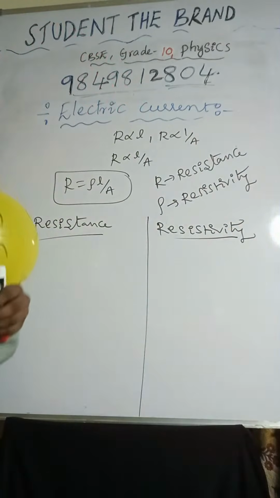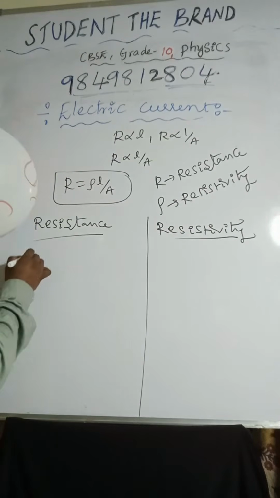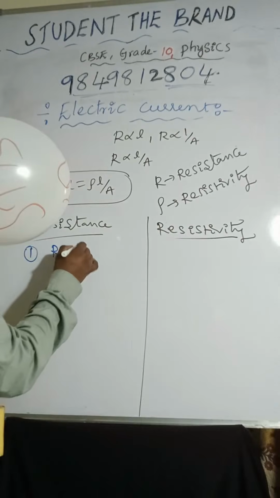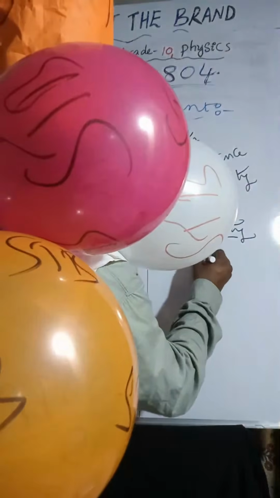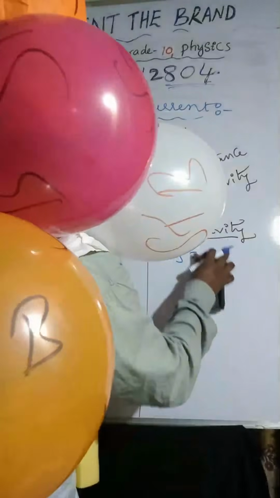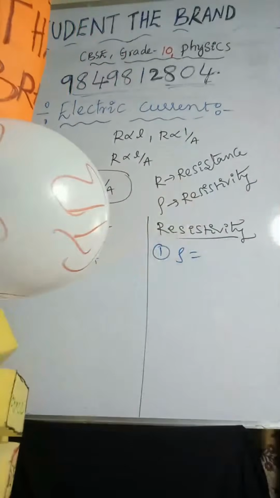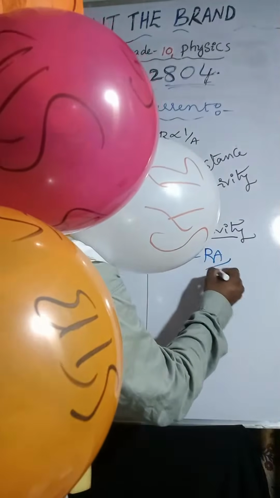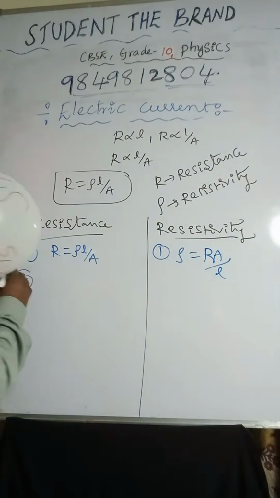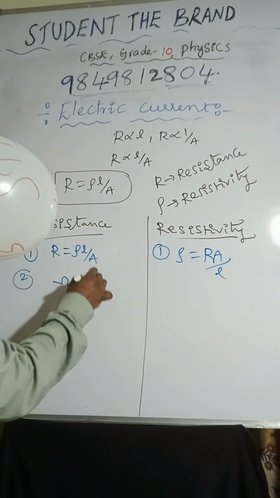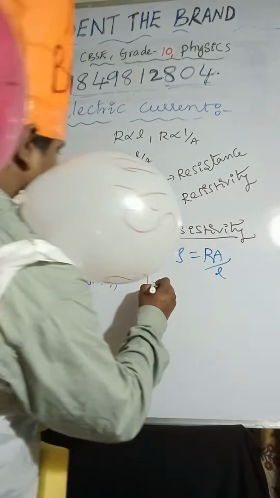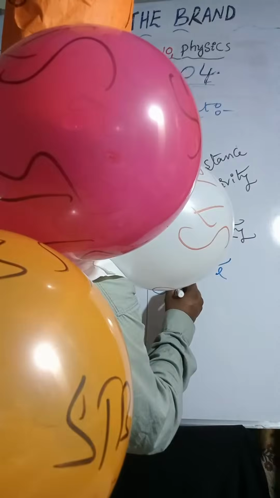Number one, R equal to rho into L by A, so rho equal to RA by L. Second, the SI unit of resistance is ohm, while the SI unit of resistivity is ohm meter.